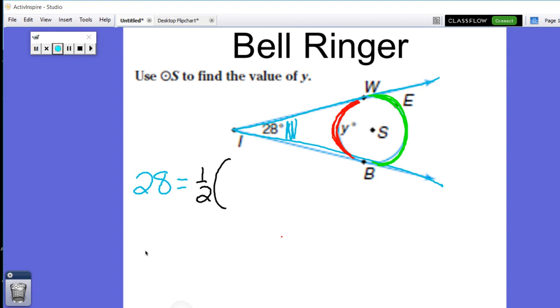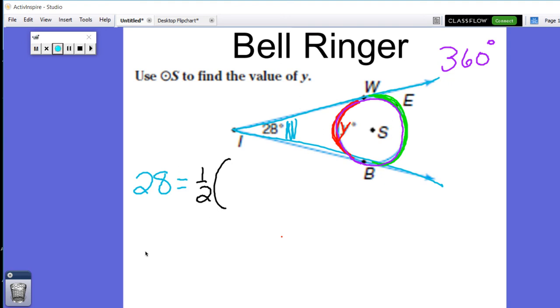parentheses. Now we need the biggest intercepted arc, but we do not have it. But I can find it. Always remember, please do not forget that a whole circle is always 360 degrees. Because I don't have a value for the smallest arc, they just tell me it's y. I'm still going to use that, and I'm going to find the largest arc in terms of y.